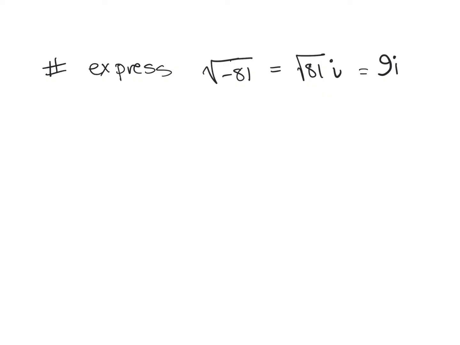All right, so moving on. We learned yesterday, just a quick recap: i to the 0 is 1. i to the first power is i. i squared is negative 1. i cubed is negative i.